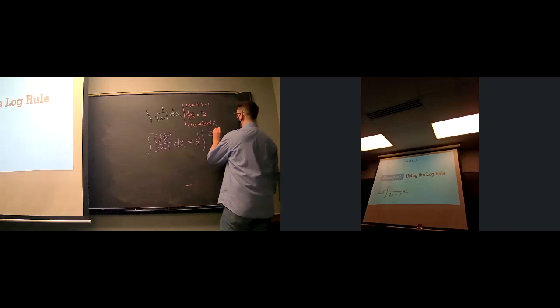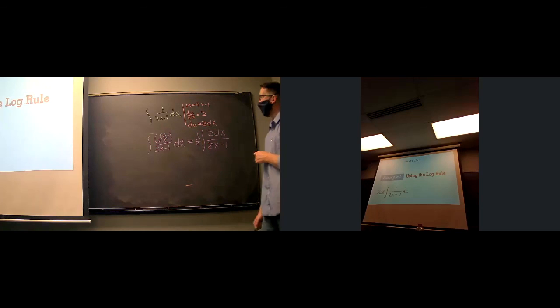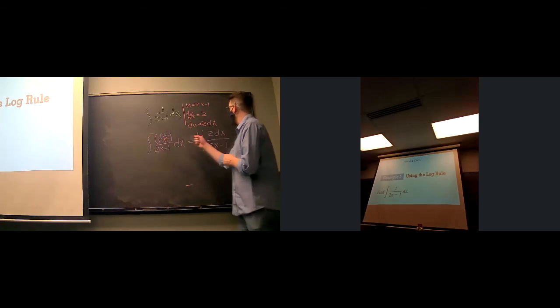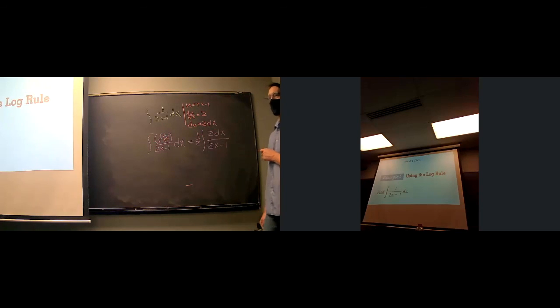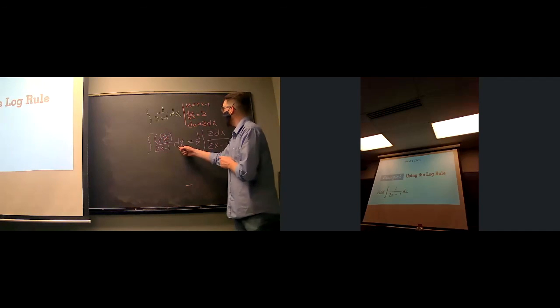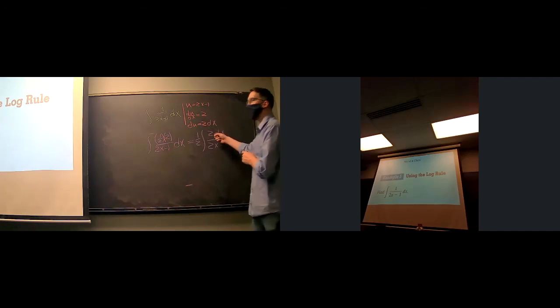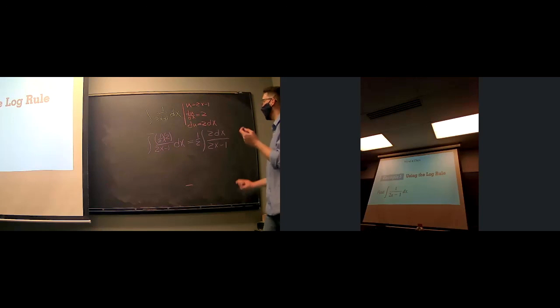And we get 2 dx over 2x minus 1. So just a note, there are 2 different ways that fractions will oftentimes show up in the notation. We can use dx outside of the fraction, or we can pull it up in the numerator. It's really a matter of preference.